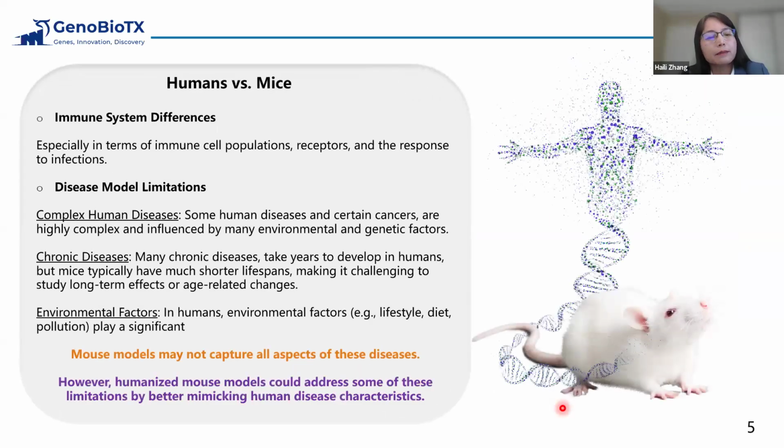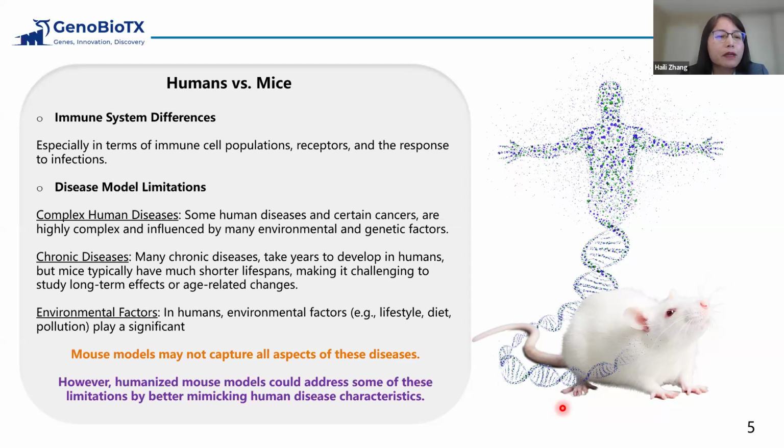However, we know that there are some significant differences between humans and mice. First, the mouse immune system is different from the human immune system, especially in terms of immune cell populations, receptors, and the response to infections.